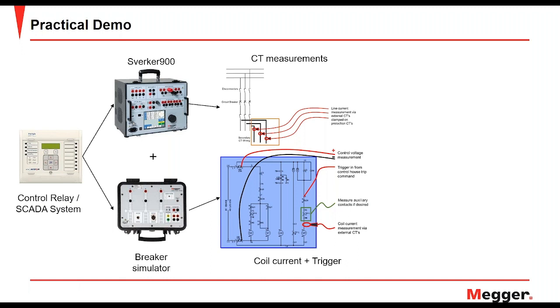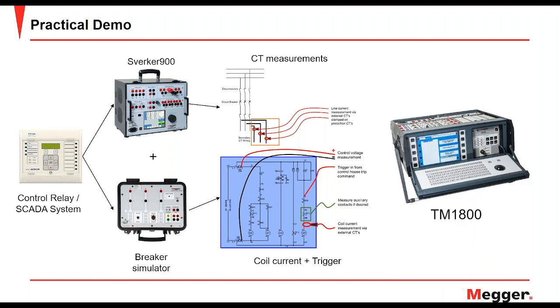In order to control this breaker, as I mentioned, this is an online test, so I will control the breaker either from the bay control unit, or I can ask our control systems or SCADA people to control the breaker for me, either to close it or open it. Of course, I will do this after connecting all these measurements and connecting to my TM1700 or 1800.